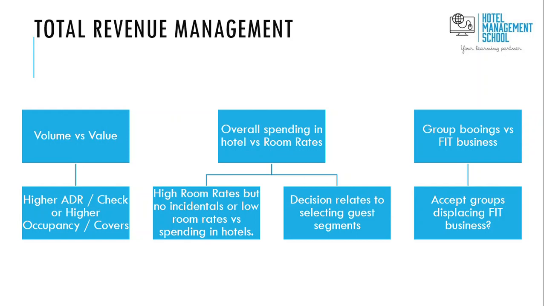So it depends on how much displacement we are doing in particular situations, and if we are able to inform the guests in advance or arrange alternative accommodations for them. Those are all total revenue management decisions.